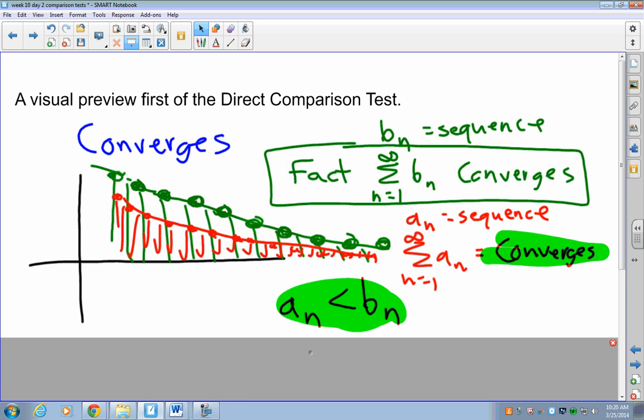That's what your gut was telling you, and that's this theorem. It's called the direct comparison test.